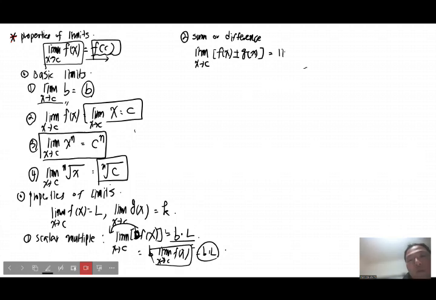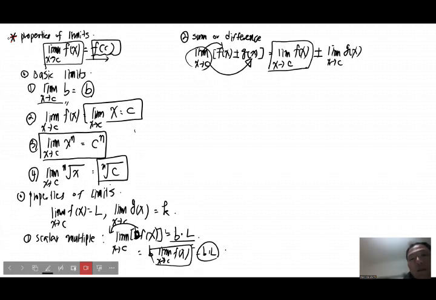So the limit can go into the first term and the second term. That could be re-expressed as the limit of f(x) as x goes to c, plus or minus the limit of g(x) as x goes to c. Here, the limit of f(x) is L, and the limit of g(x) is K. So that could be L plus or minus K.